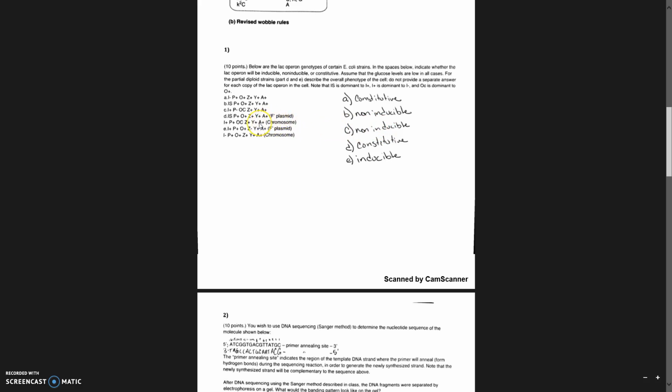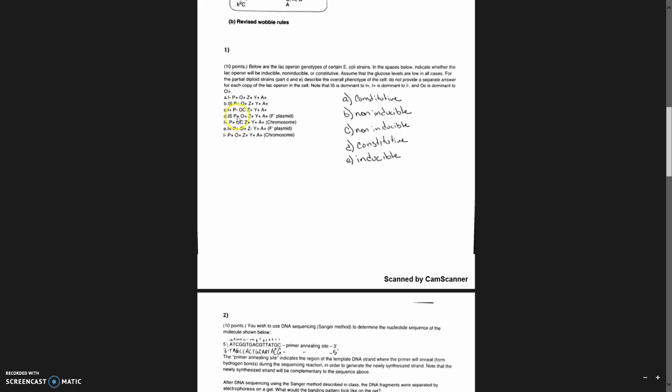For D and E, we have the F plasmid and the chromosome involved, so we need to take into account how they affect each other, if they do at all. So for D, we have a mutant repressor made, which is dominant to the regular repressor, so that one's going to bind basically in place of the regular one.